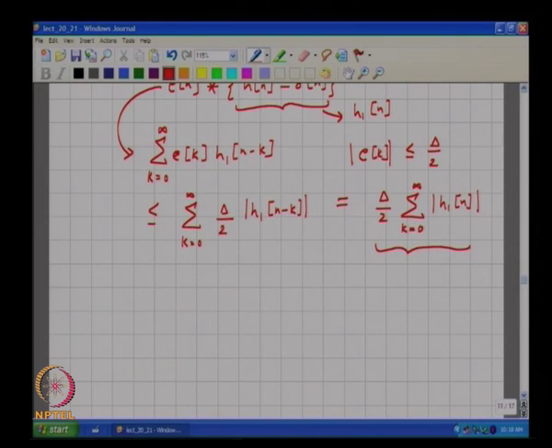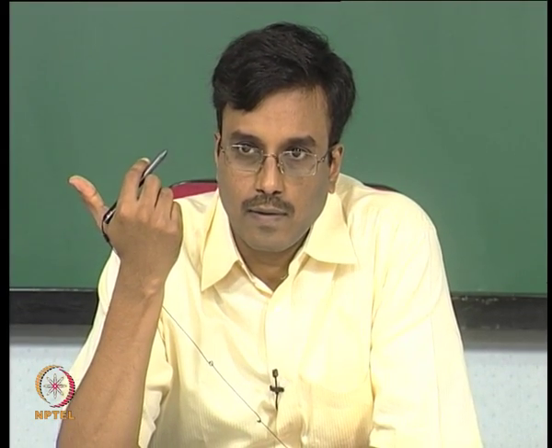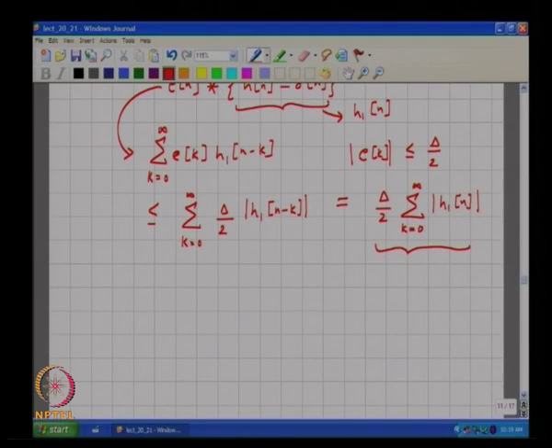Let us say you compare the first order and the second order modulators. What is the sum of mod h1 of n in the first order modulator? It is 1. In the second order modulator, it is 3. Okay, all right.